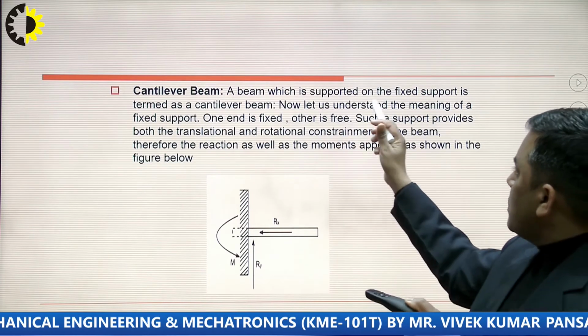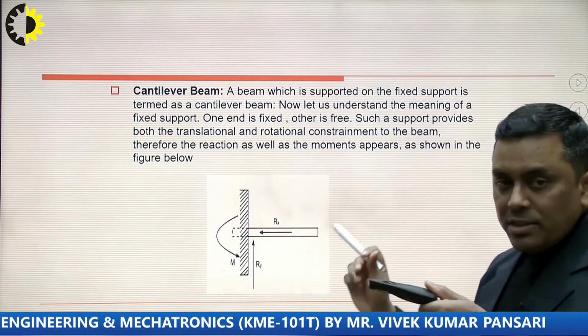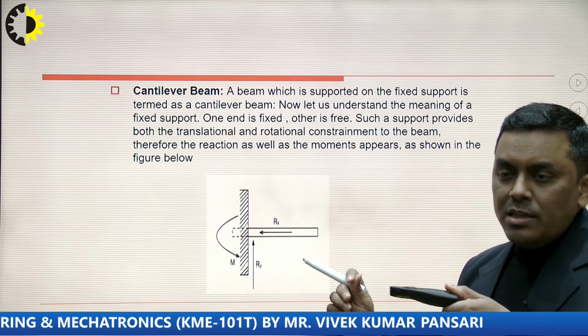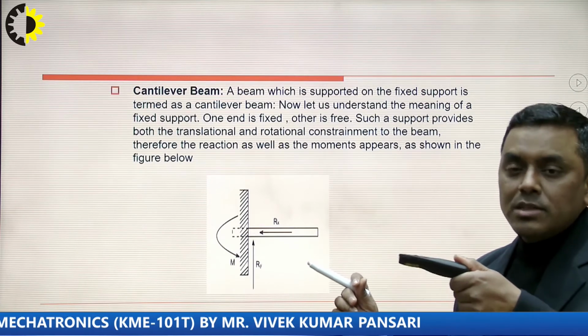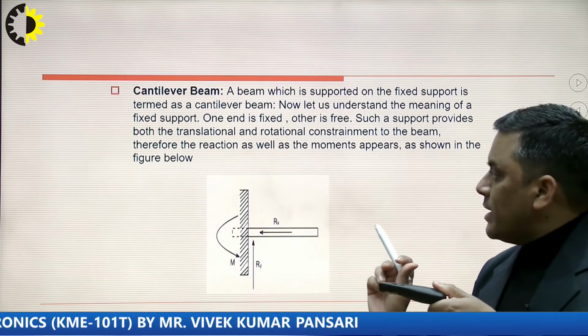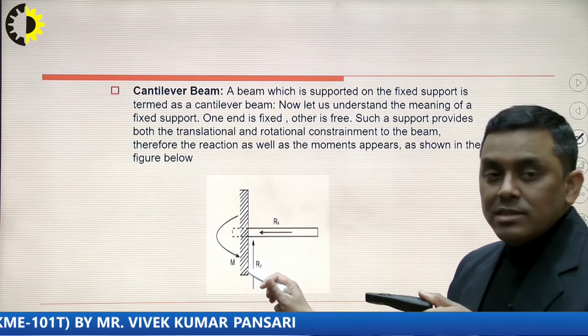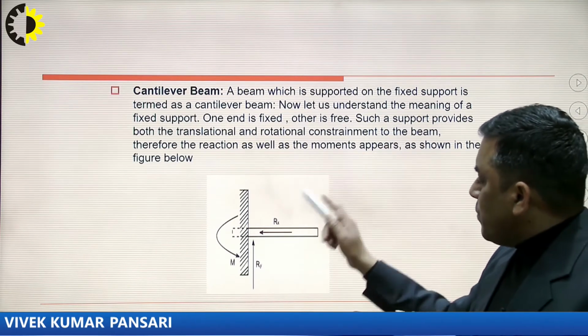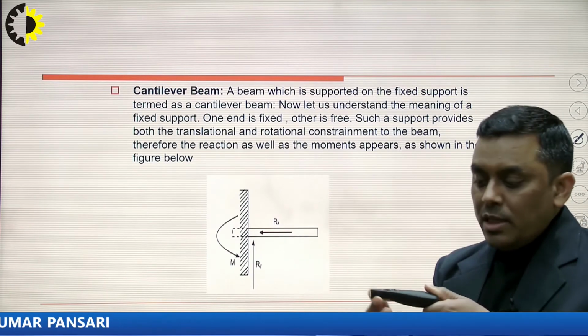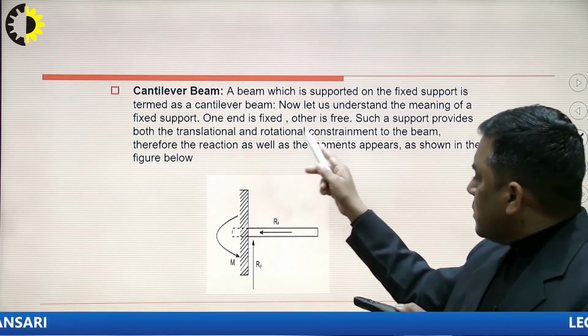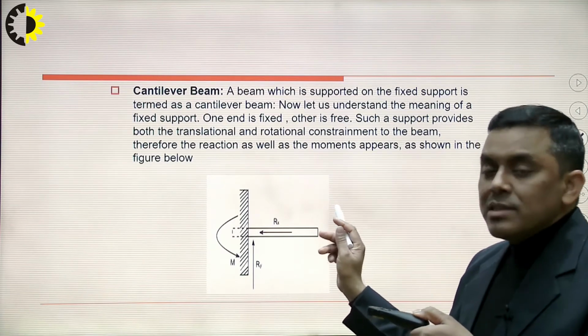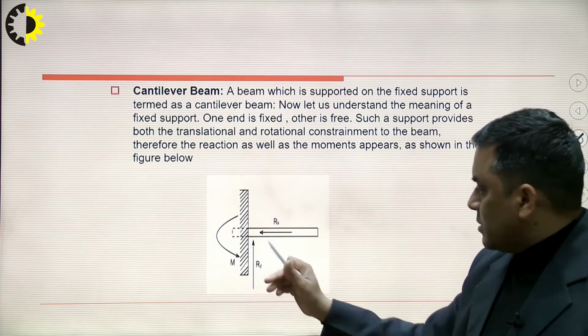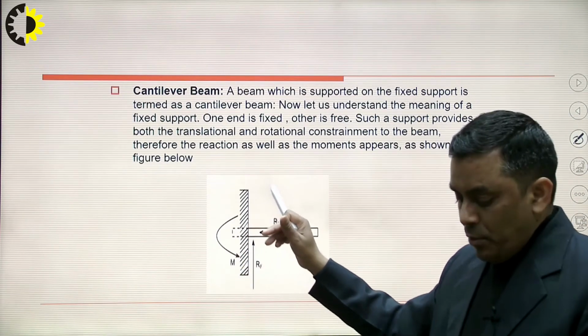A beam which is supported on the fixed support means translation in both planes and rotation, these three constraints are there. That is why three reactions are there, and one end is fixed, the other is free. So, this type of arrangement of beam is known as a cantilever beam and the support is known as fixed support.